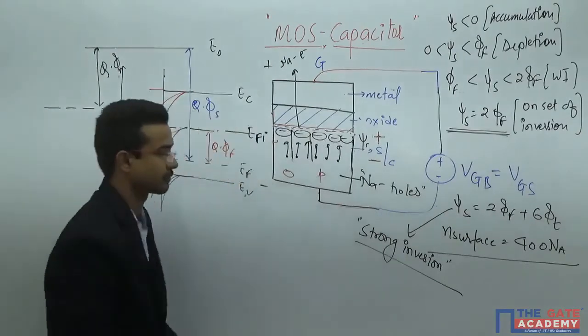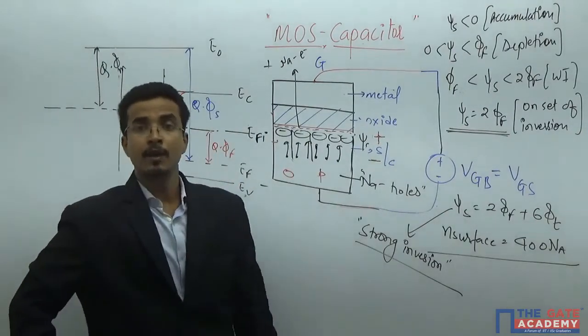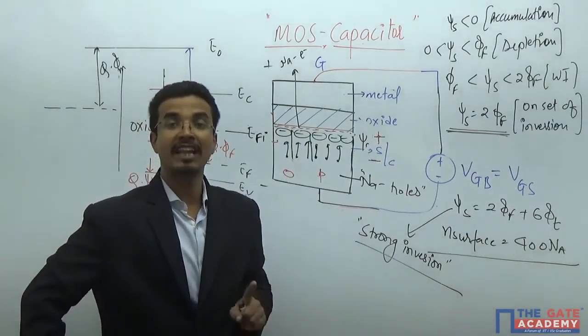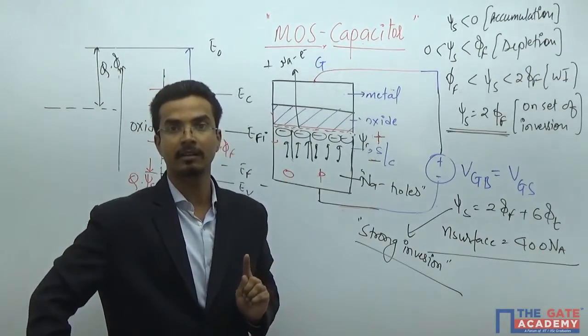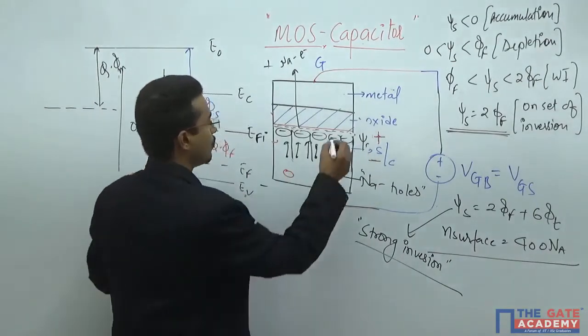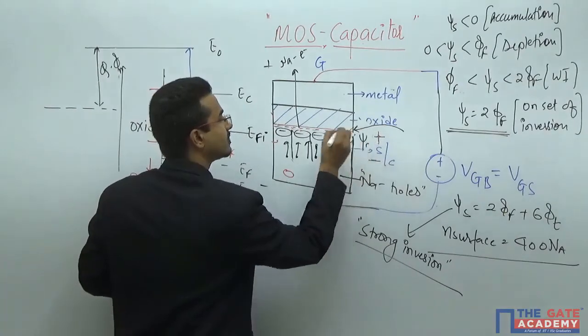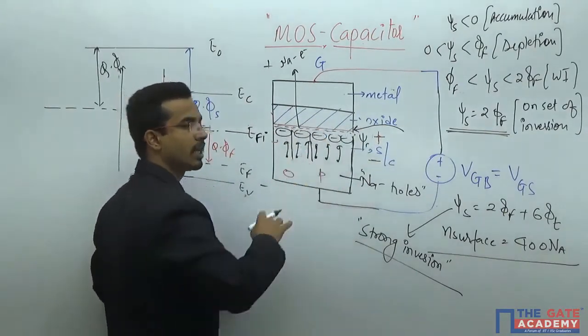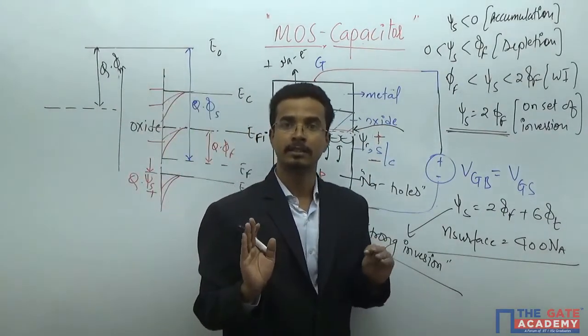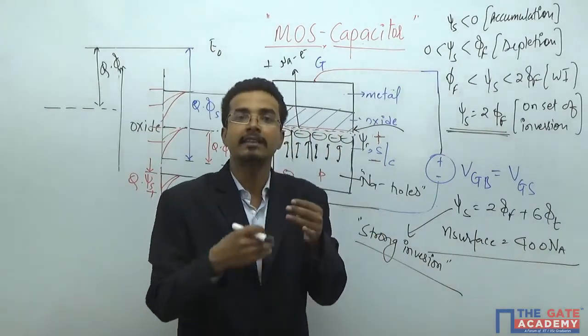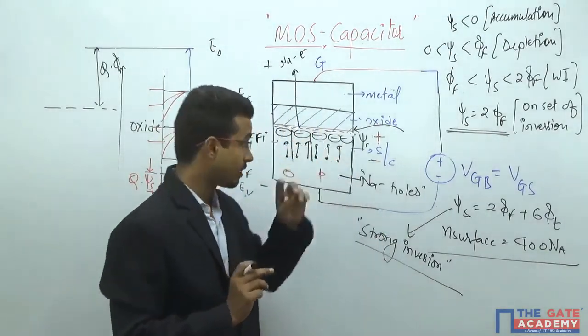But we know one thing, for capacitance, only immobile charge carriers are responsible. So, whenever you discuss these mobile charge carriers, they will never participate in the capacitance. Again, it is an assumption. Okay.